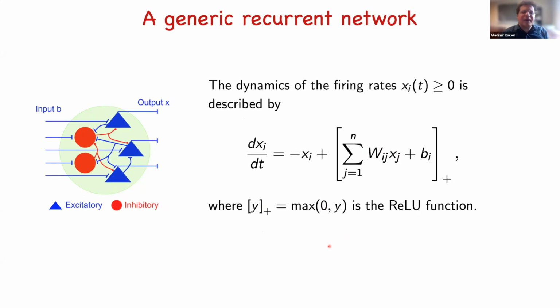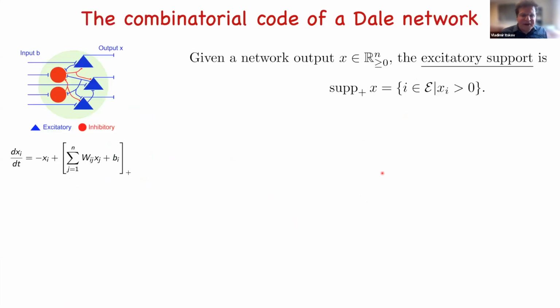And we look at a very concrete description of these networks. We just consider firing rate models with threshold linear nonlinearity. Here this bracket plus is the standard ReLU function. So this is a fairly standard firing rate model of recurrent networks.